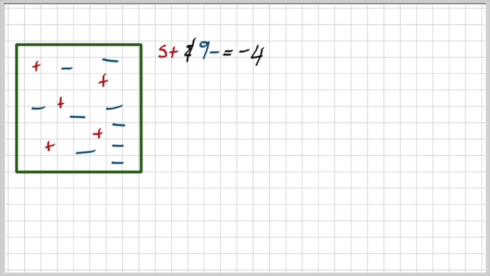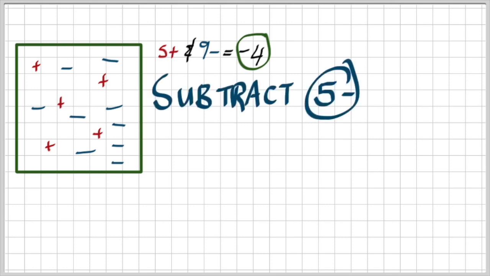Remember, that ended up giving me 4 more negatives. Okay? Let's go and now subtract 5 negatives, which in mathematical terms, you can see the same as saying -5. I hope that you get that.